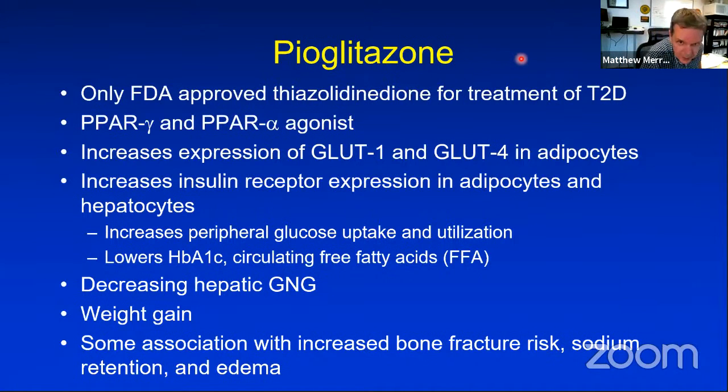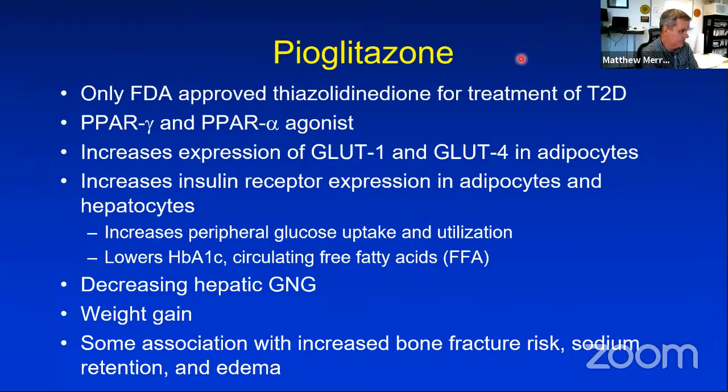So I'm just going to give you a little background on Pioglitazone. Right now, it's the only FDA-approved TZD for treatment of type 2 diabetes. It is generally acknowledged to be a PPAR gamma, PPAR alpha agonist. It is known that it increases expression of GLUT1 and GLUT4 in adipocytes. You can see how that might be a positive if you've got too much glucose in your bloodstream.